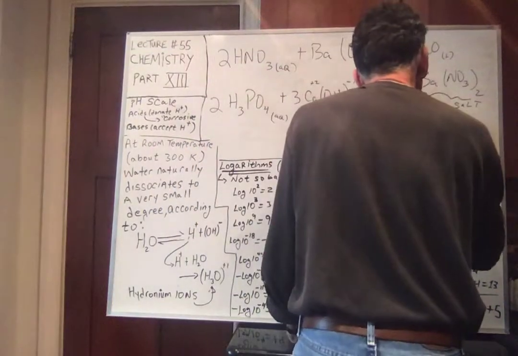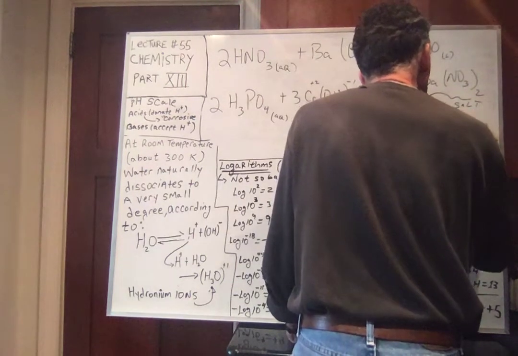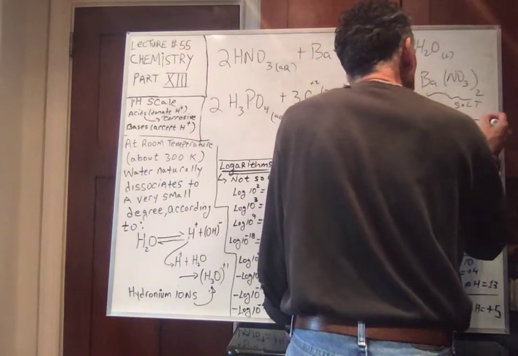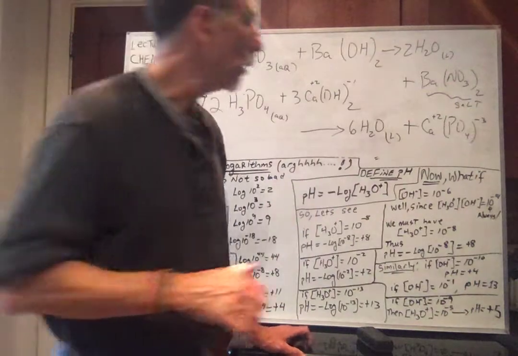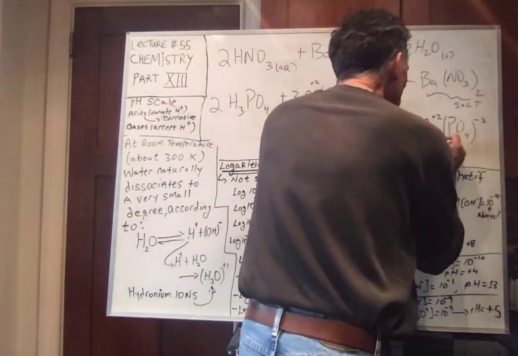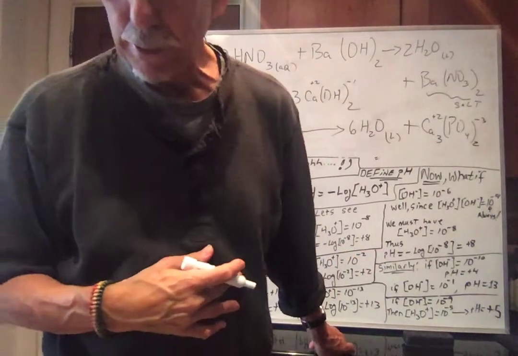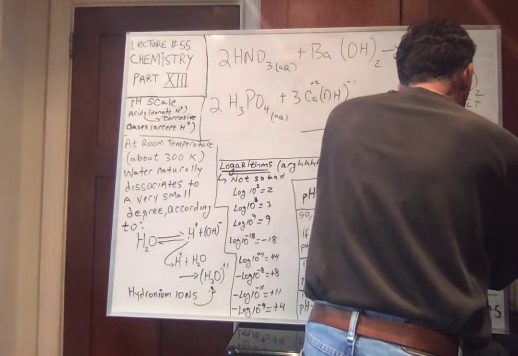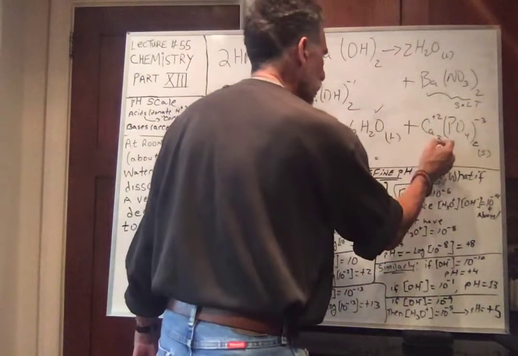Calcium is +2, phosphate, PO4, is -3. So remember how to add these? We have to make 3 calciums with 2 phosphates, Ca3(PO4)2, and I believe that this is a solid, so I'm going to put an S. There's my water, and there's my salt.